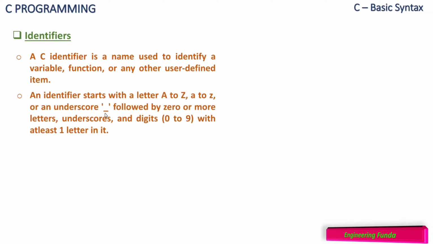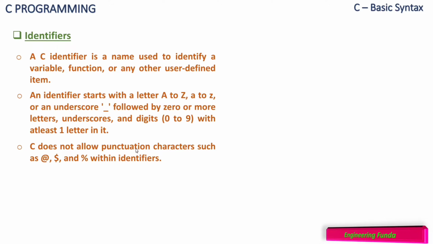So if it is starting with an underscore, then it should have at least one letter. But if it is starting with a letter, then a single letter can be used as an identifier. But a single digit, or a digit followed by an underscore, or an underscore followed by a digit cannot be used as an identifier. It should have at least one letter in it.